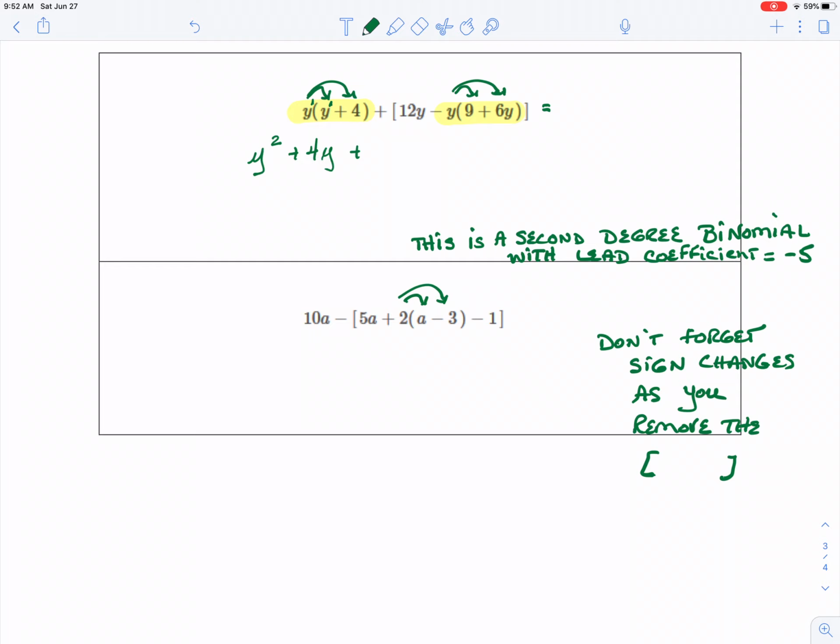Copy down this addition, copy down this bracket, copy down the 12y. And now I'm going to think of multiplying by a negative y over the parentheses. So this becomes negative 9y. And this becomes positive, negative 6. And again, y times y, this is a first degree, so we're adding 1 plus 1.